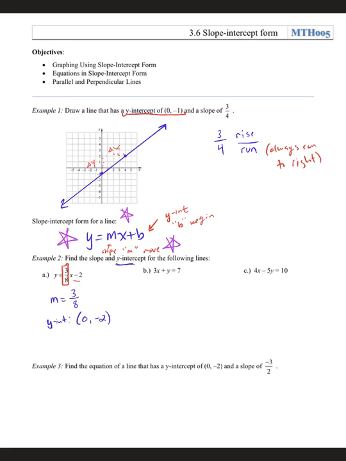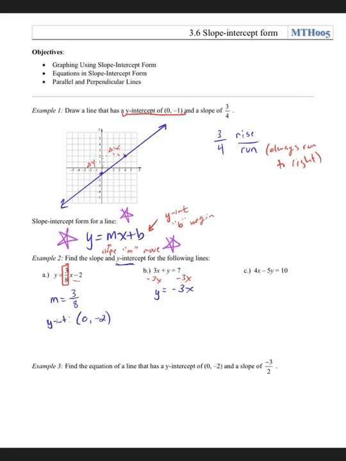Now on to letter B. When we look at B, 3x plus y equals 7, we notice that that's in standard form because the x and the y are on the same side. First thing you have to do is solve for y. We want to get the y by itself, so we need to subtract 3x from both sides. Now we have y equals, and it doesn't matter if you write the 7 or the -3x first.